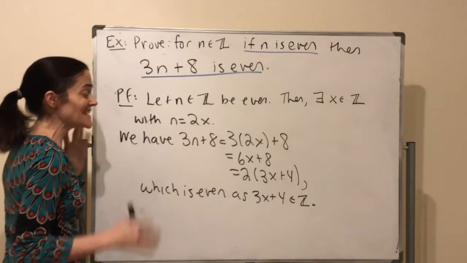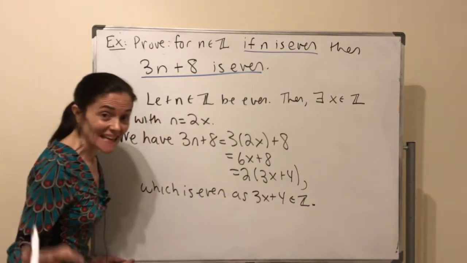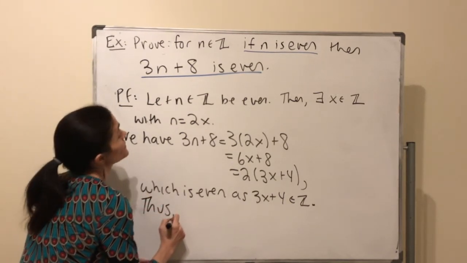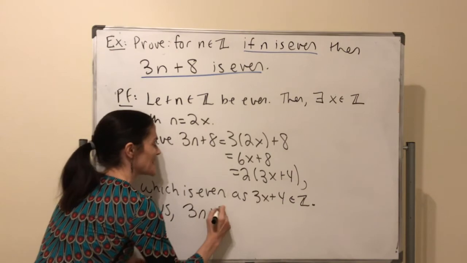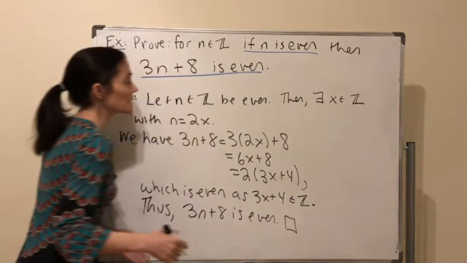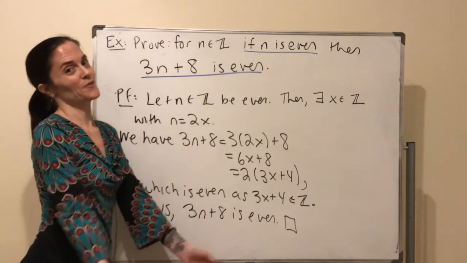Okay? Definition. 2 times an integer gives me an even integer. So thus we can conclude 3n plus 8 is even. And we have proved this theorem using a direct proof.